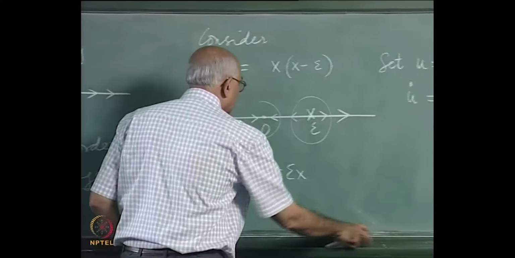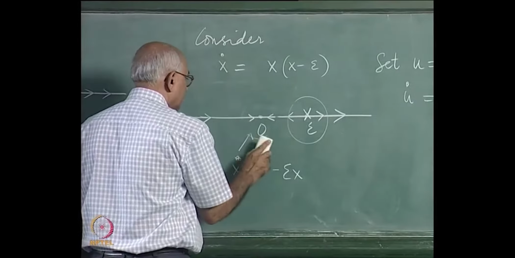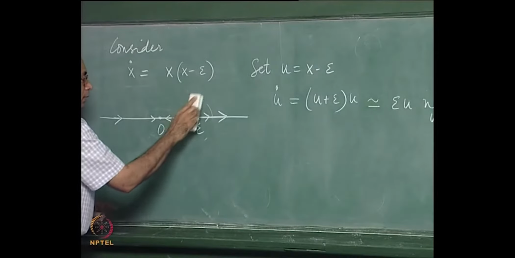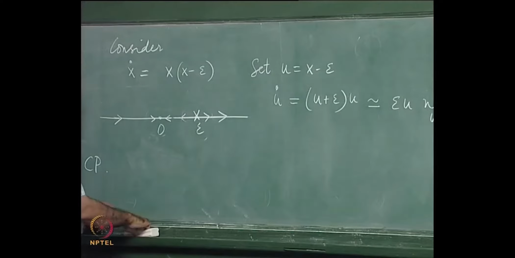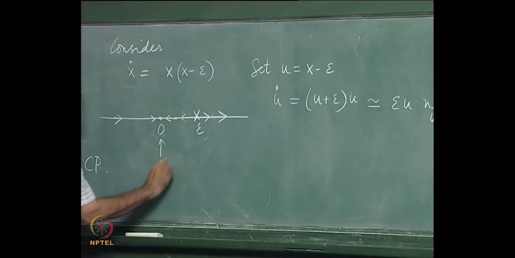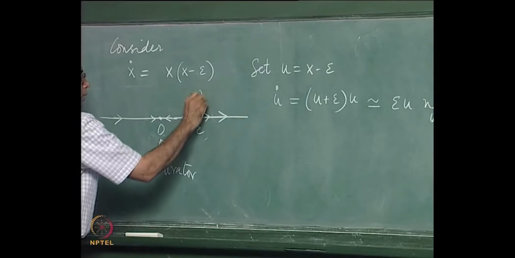Again by continuity, this is all it can be. So I delete this, and that is the phase portrait of the system. You have an attractor and you have a repeller.